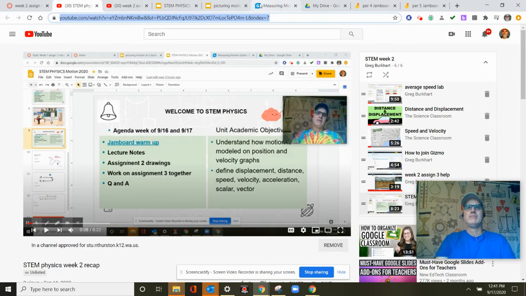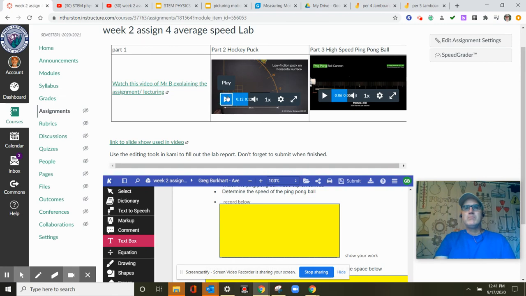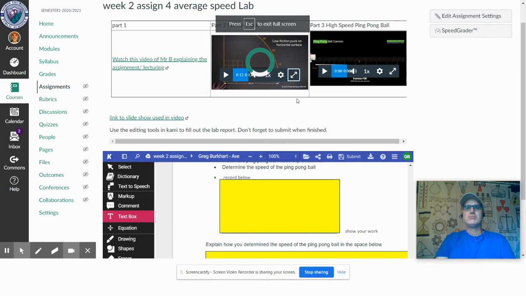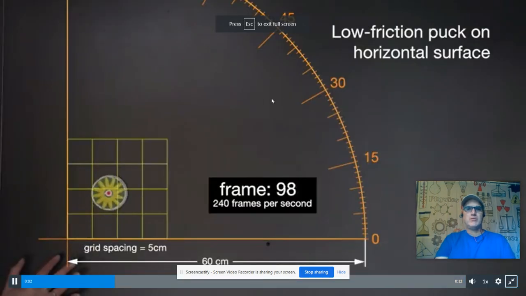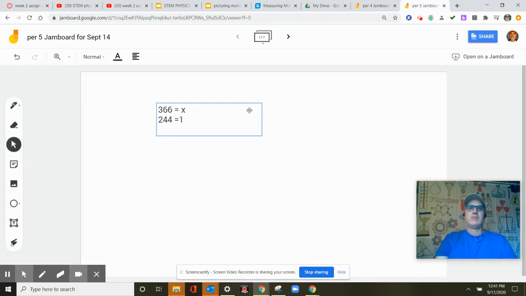Oh boy. Where'd it go? 240, sorry. This is going to be really hard to fix because Jamboards don't like to be fixed, apparently. That's something I just learned.